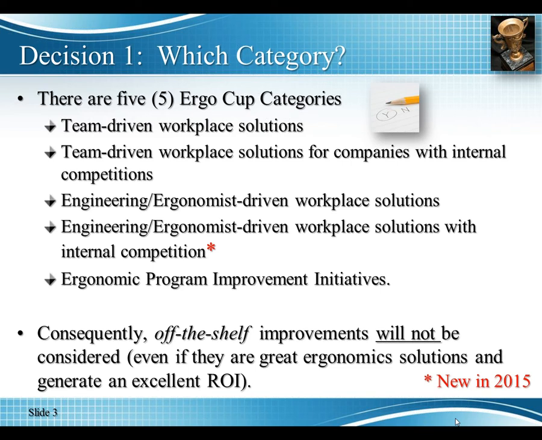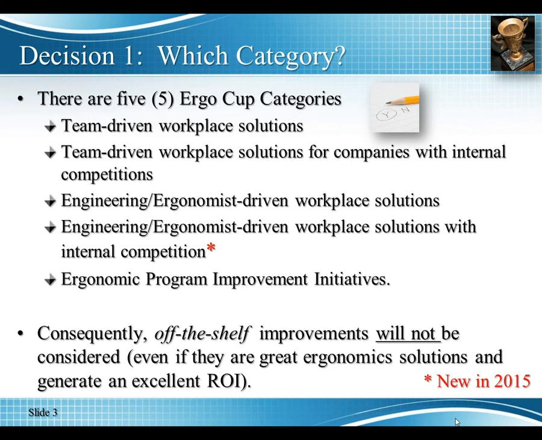One of the first questions you're going to have to decide, and it's very important that you do so, is which category of the 5 Ergo Cups you should be in. There's a new one this year, and I will discuss that in a few minutes. The 5 that we are going to be discussing today are, number 1, the team-driven workplace solutions.